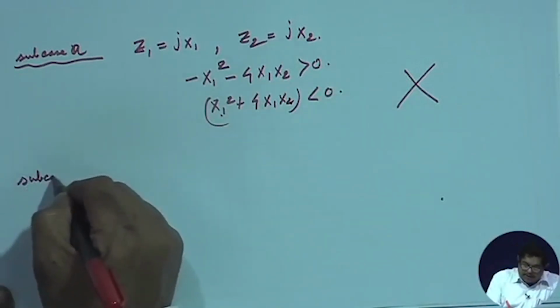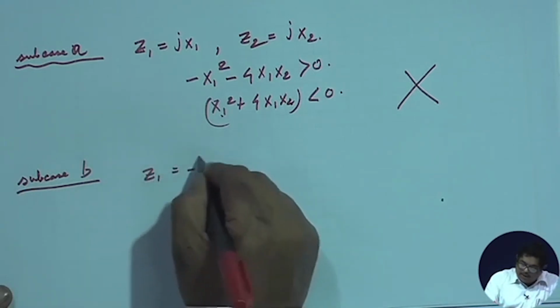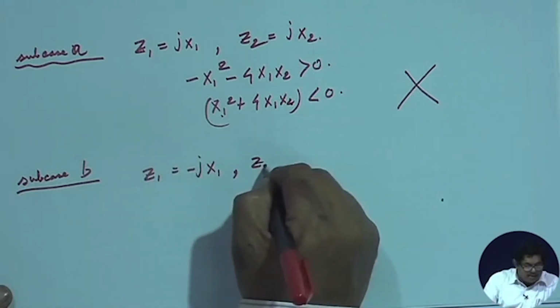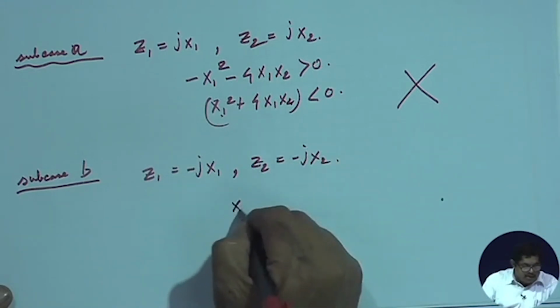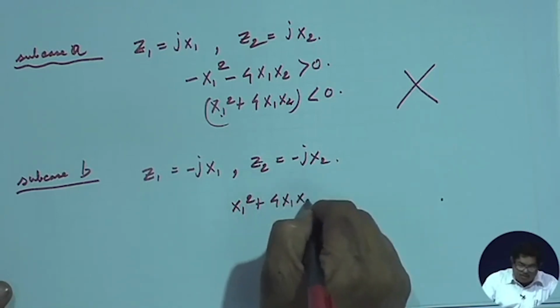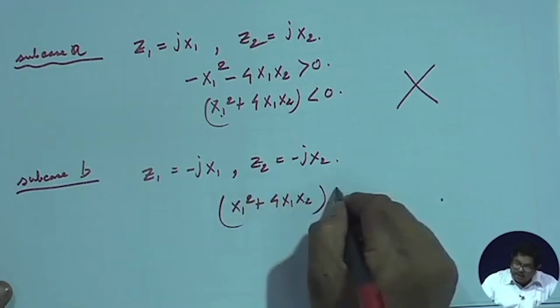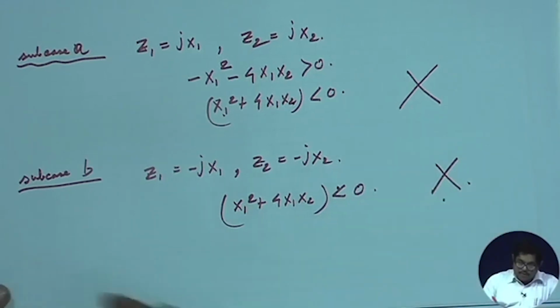Similarly, subcase B: Z1 is equal to minus Jx1, Z2 is equal to minus Jx2. Again we get the same condition, x1 square plus 4 x1 x2 less than 0, so again not possible.